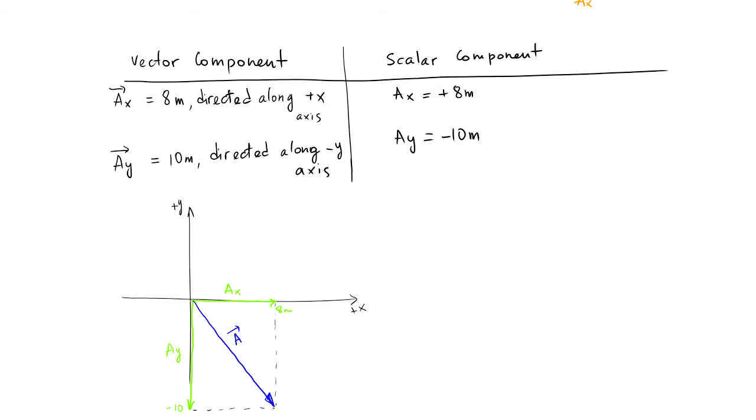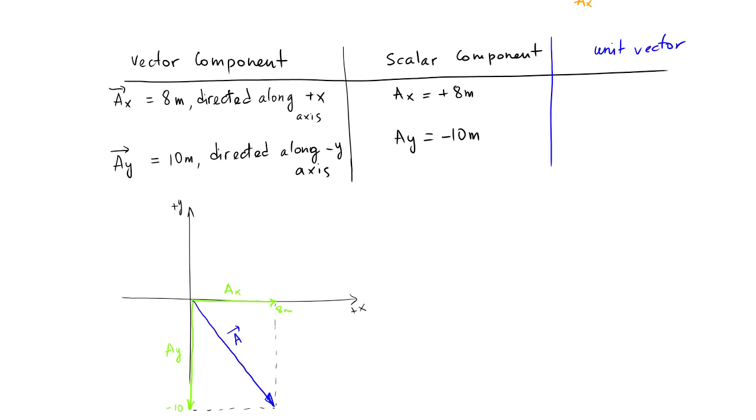The word unit means a vector that has a magnitude of 1, uno, unit. But it has no dimensions.